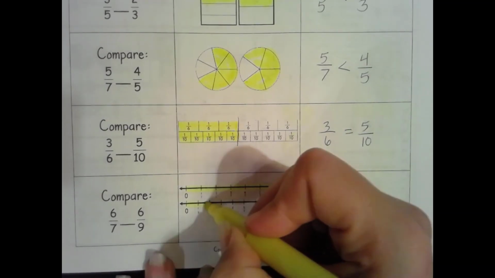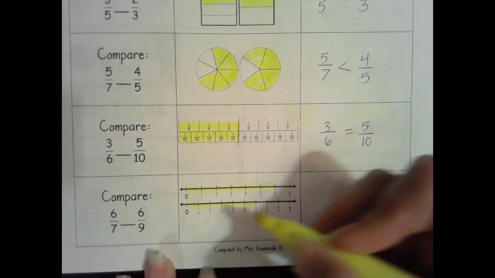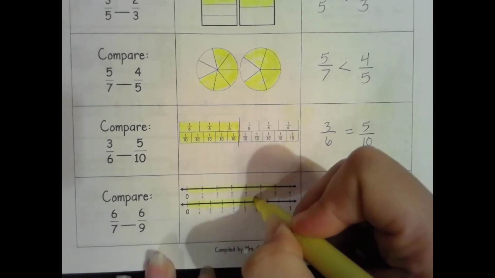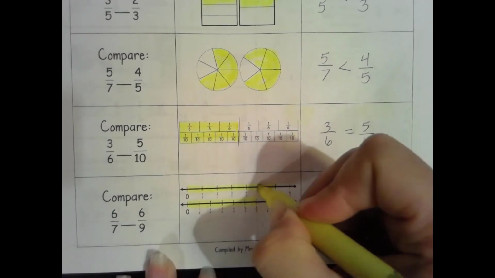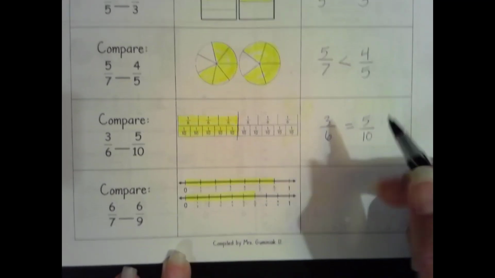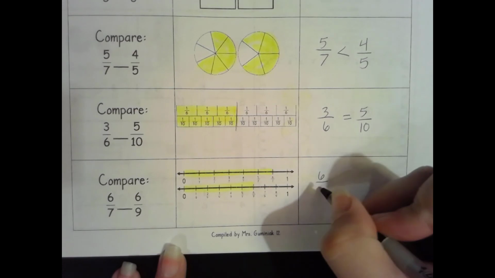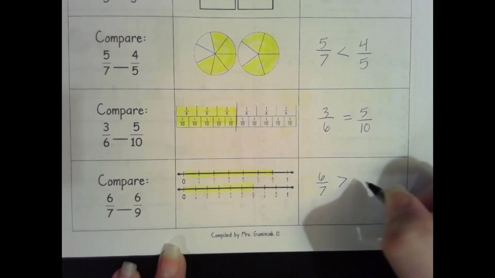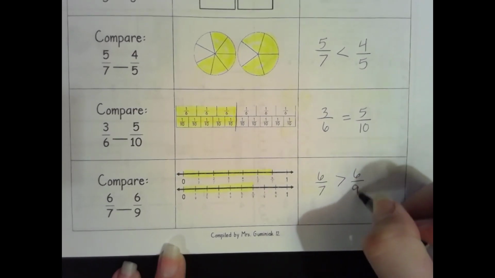I need to shade all the way up to 6. Well, this line from 0 to 6/7 is much longer than from 0 to 6/9. So it's a larger area. So that means 6/7 is greater than 6/9.